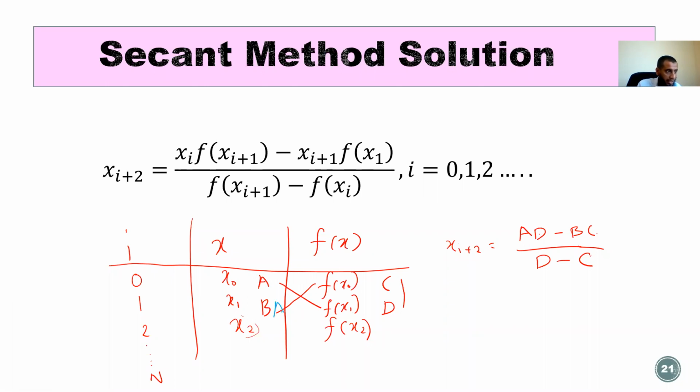This one is A, B, and this is the new C, and the new D. So for example, the next iteration, this is x3, A, B, C, D. This is f(x3), until you get the result. Okay, understand?